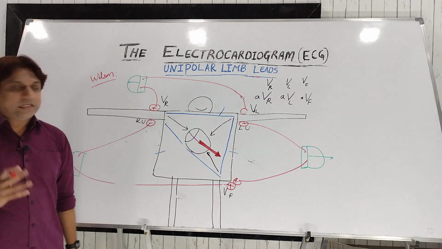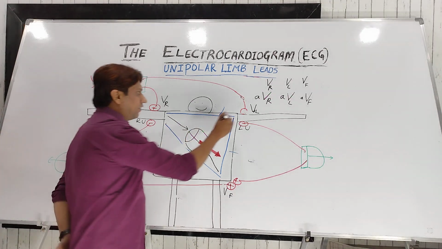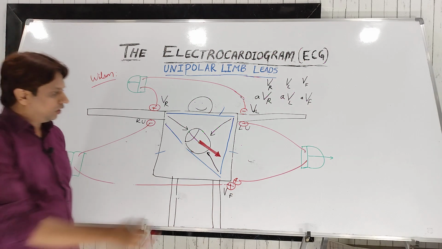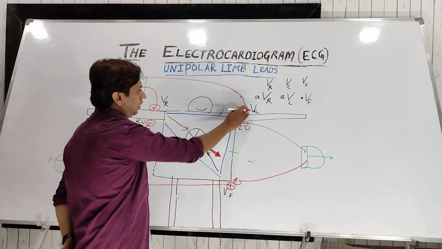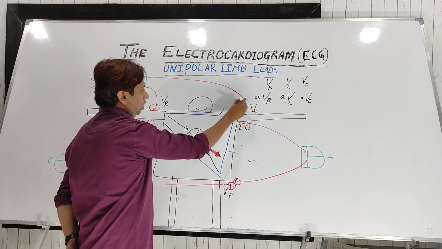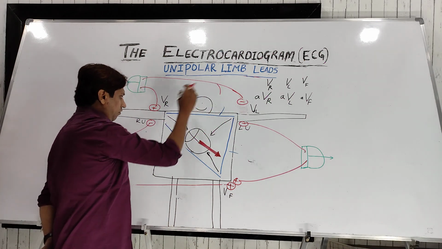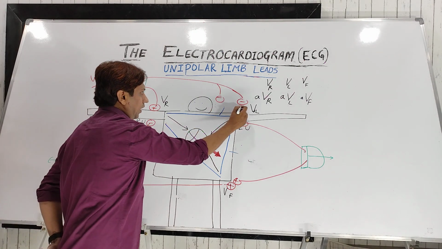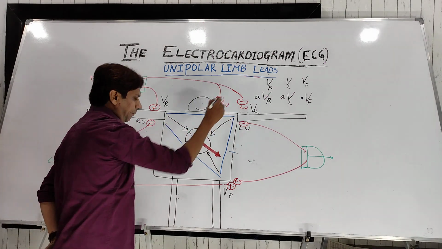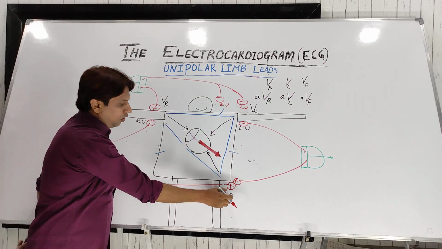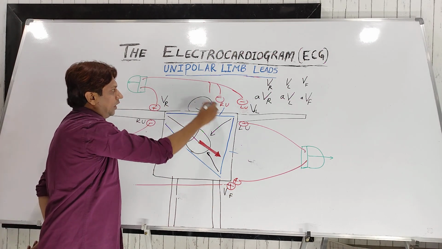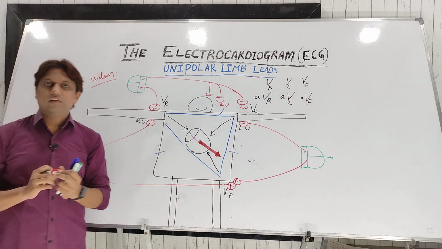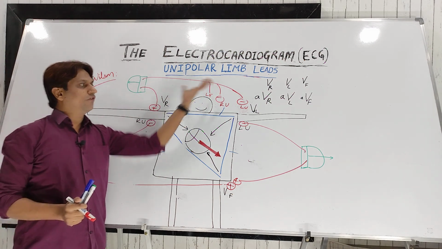He connected negative electrodes by wire to the left upper limb, the right upper limb, and the left foot. So Wilson created one indifferent electrode.